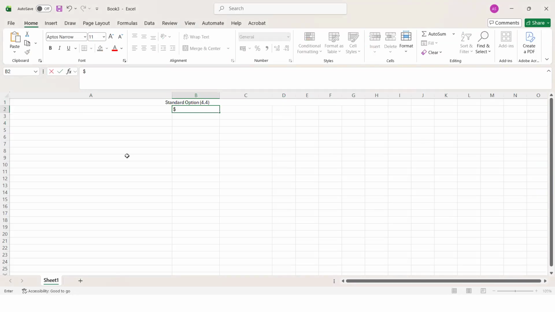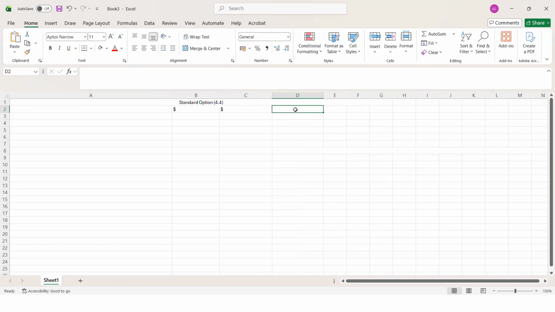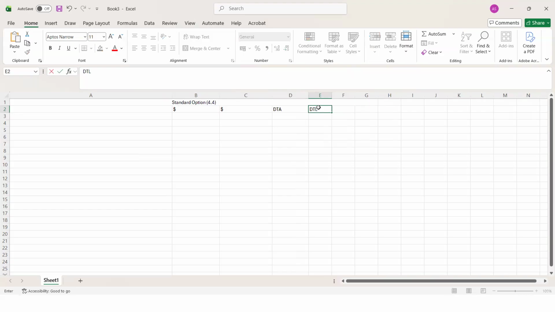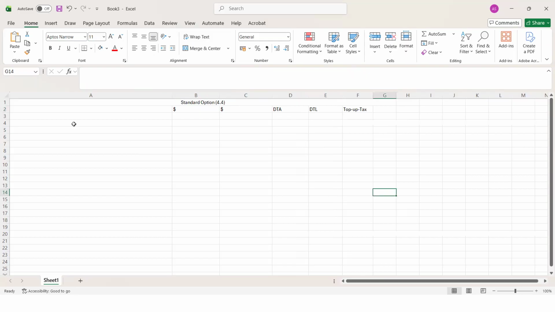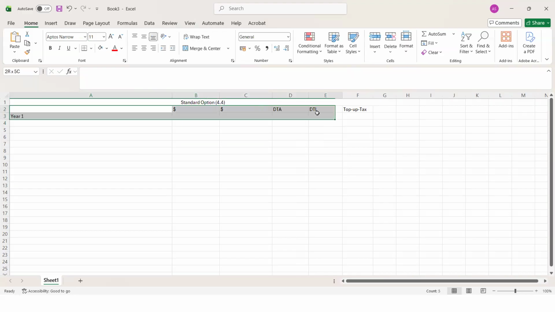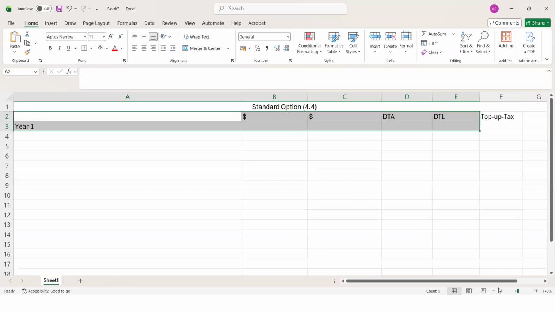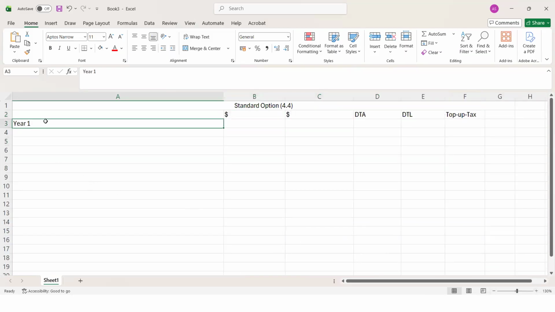So what we will do is each year we will calculate what is the DTA, what is the DTL, what is the top up tax. Fine. So let's do year one.